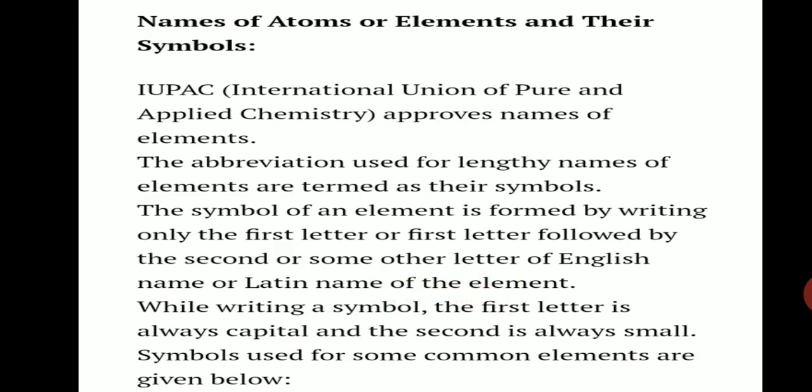So how are we representing the symbols? Either we will write the first letter of their name, and if it is already taken, then we will use the first letter and second letter of their names in English, or we will use the Latin names. This is the normal procedure followed.